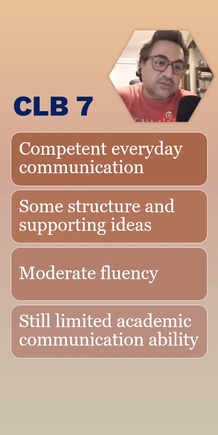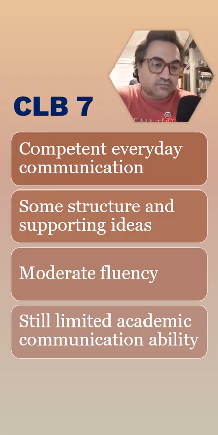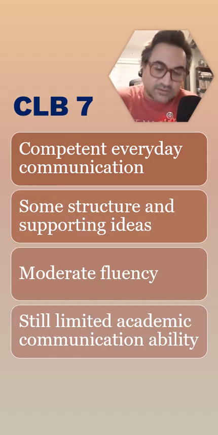And then you have moderate fluency, which means that I can kind of follow what you are saying. There aren't a lot of weird pauses. I can basically talk to you at a dinner party. And in terms of academic communication, CLB 7 is still limited.